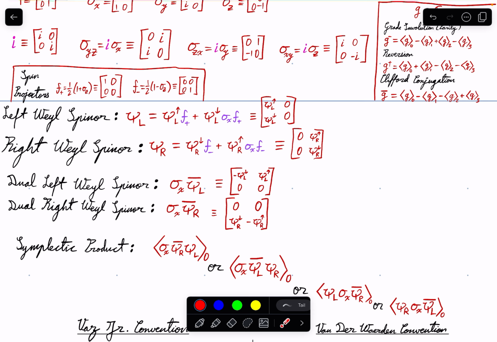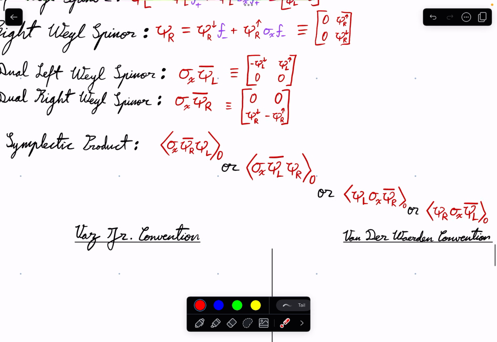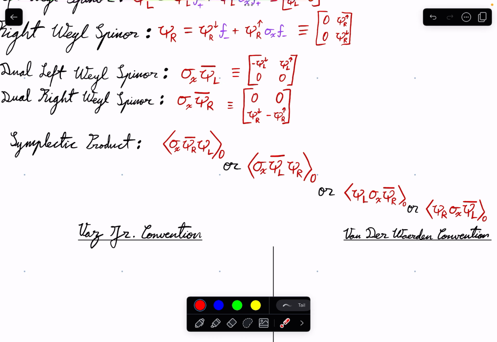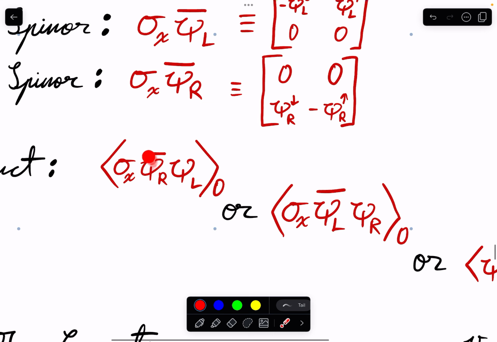You also don't need to know exactly what these are, but they satisfy a symplectic product, and these are all examples of the symplectic product. You multiply these together and then take only the zeroth component, the scalar value of this product.